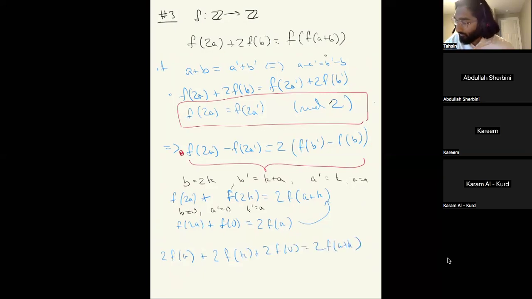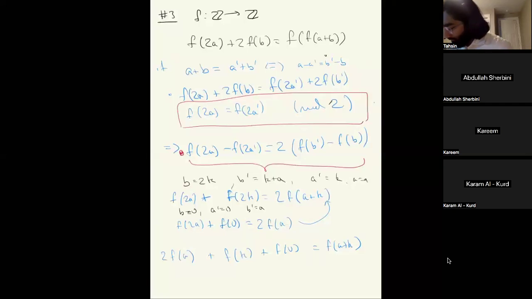And now we can erase the 2's, and it just becomes f of a plus f of k plus f of 0 equals f of a plus k.